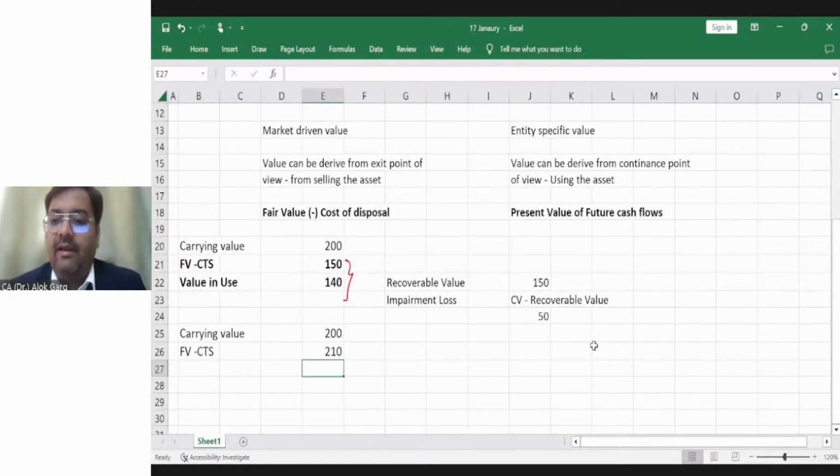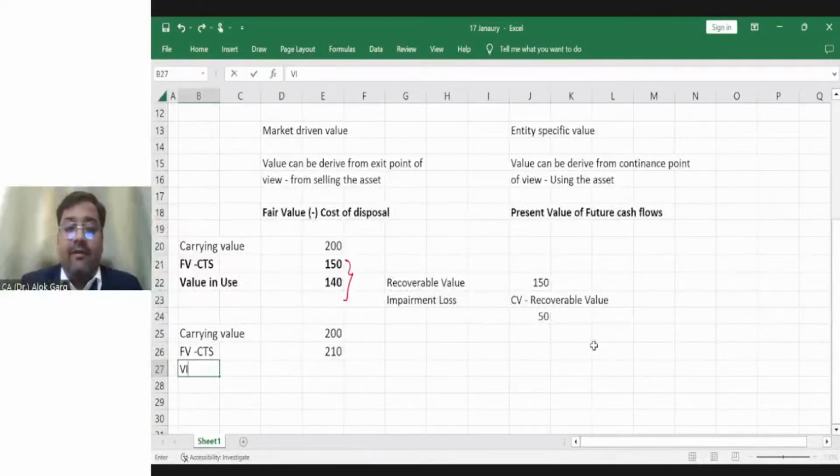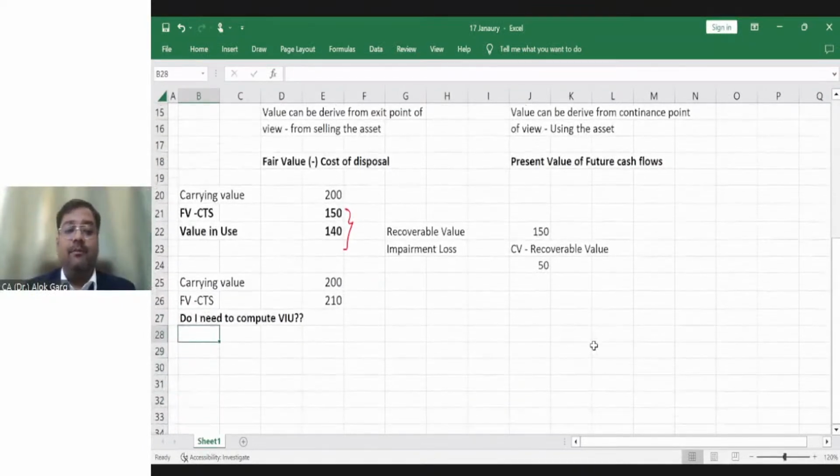Now tell me, whether value in use is important to calculate here. In this situation, will you calculate value in use? Do I need to compute value in use? What is your view?